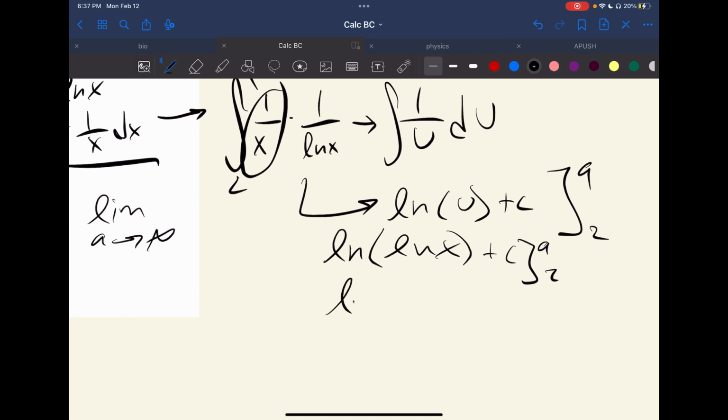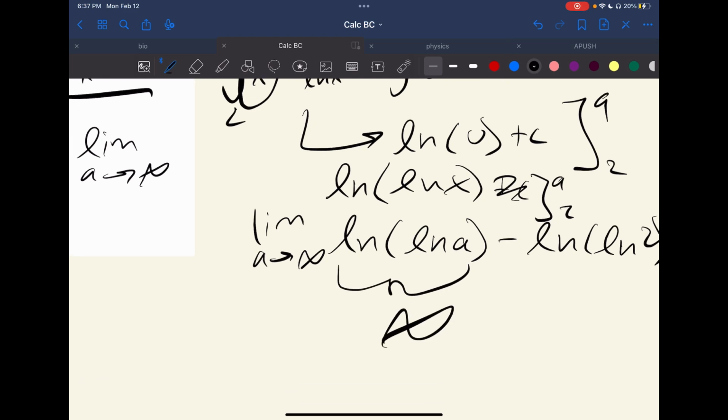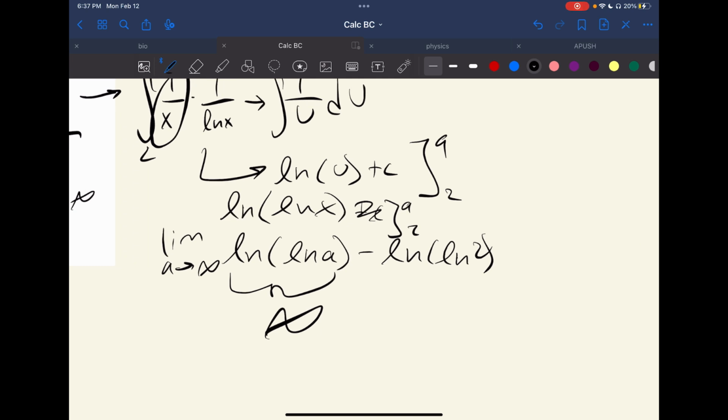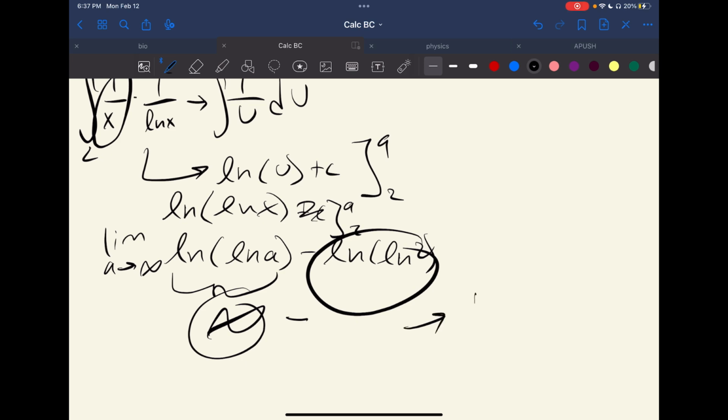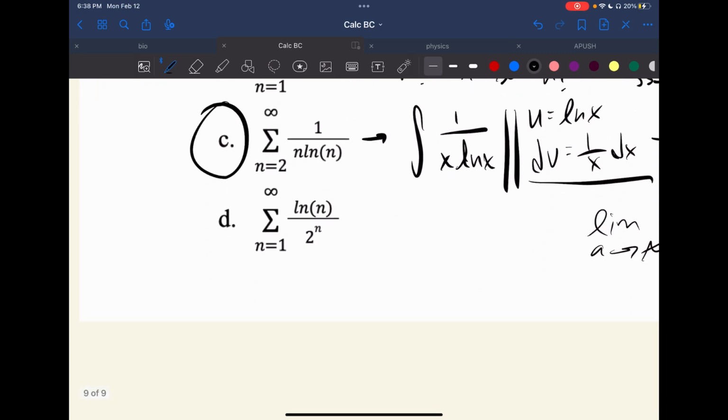So this is going to be the natural log of a minus the natural log of 2. And then limit as a approaches infinity. So this is not going to converge, it's going to be infinity. It doesn't matter what the other part is because this is infinity. So we know that that's the answer because it diverges. So C is going to be the answer for that.